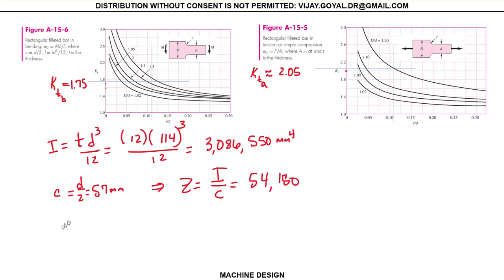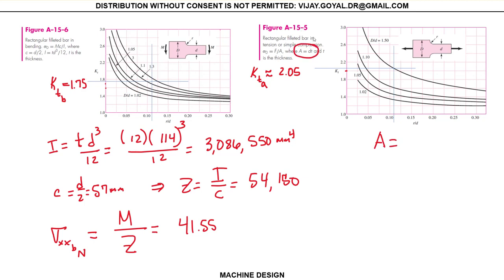That gives you a value of 54,150. Okay, so that means your nominal stress in bending will equal the moment applied divided by Z, and that gives you a value of 41.55. Then same thing here, the area has to come from here.